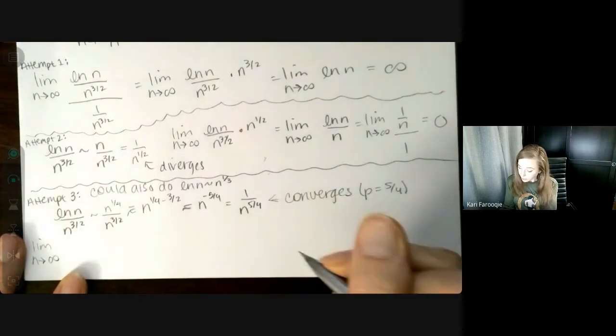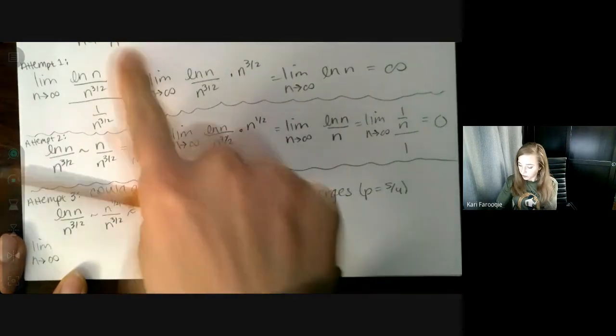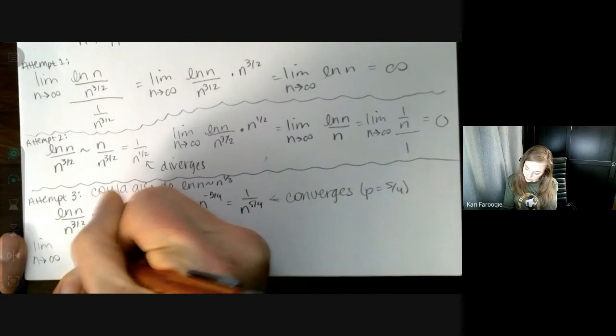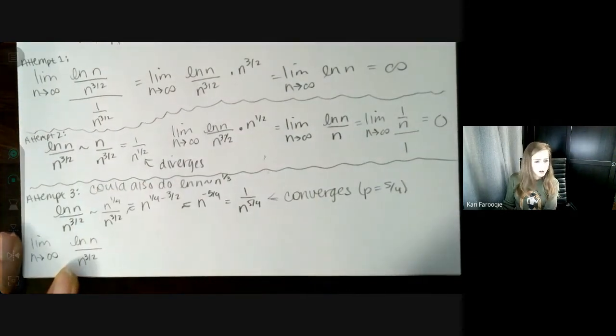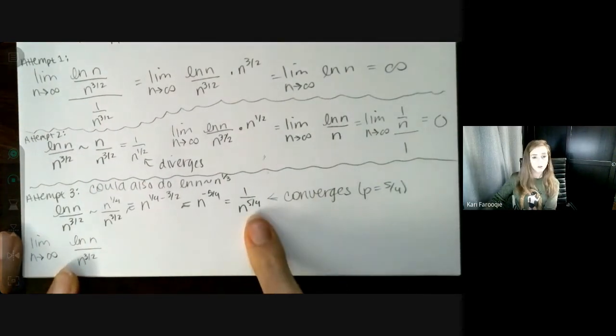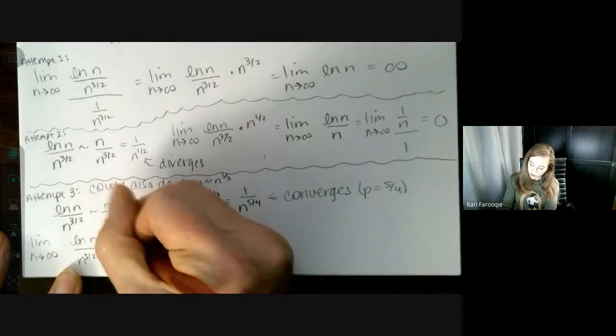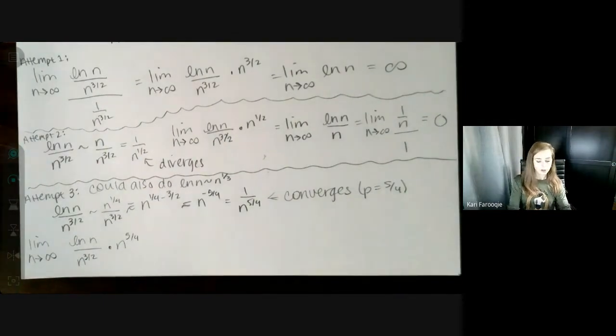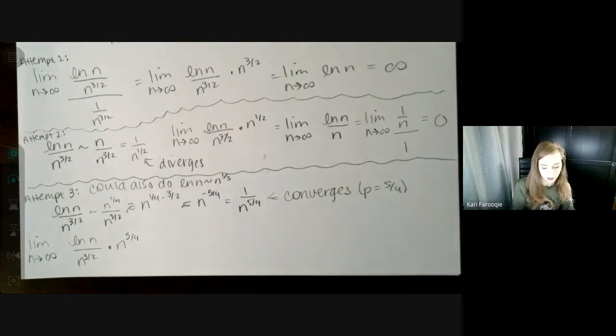Okay. Where's my series again? ln n over n to the 3/2. My comparison series is 1 over n to the 5/4. So instead of dividing, I'm going to multiply by n to the 5/4. And then we get 5/4 minus 3/2.